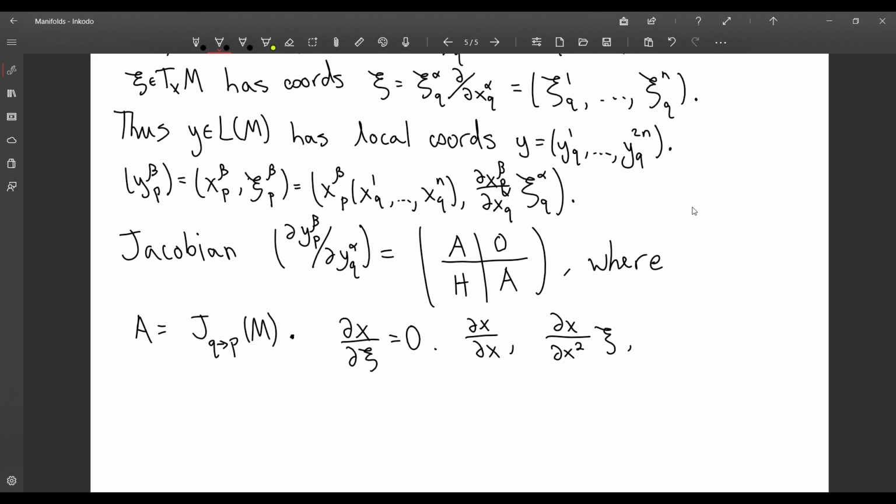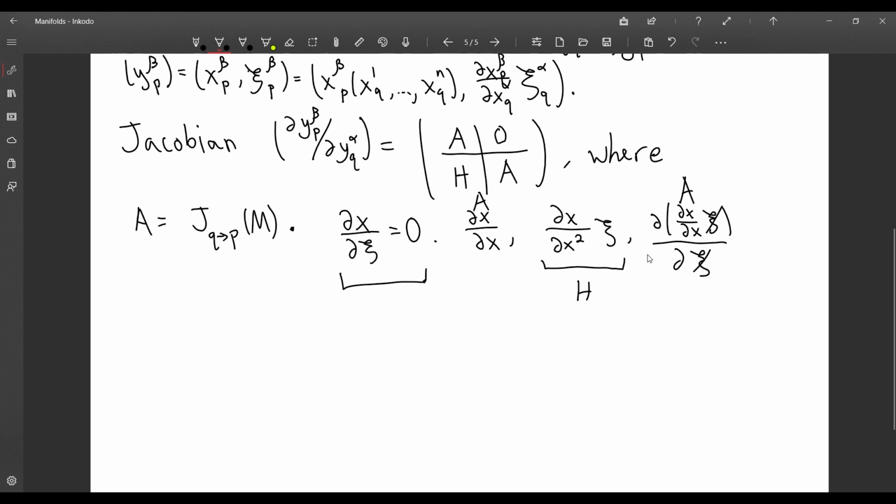And in the bottom right, you have derivatives of the vector with respect to the vector, and so these are going to cancel out, and you get derivatives of x with respect to x. So that's where the A is coming from, and then this expression is going to give you your h. But in the upper right quadrant, you have this 0.